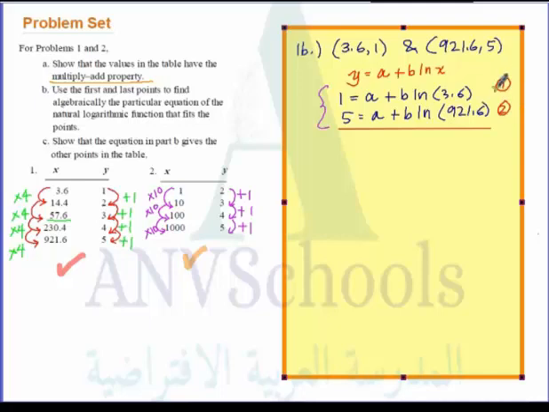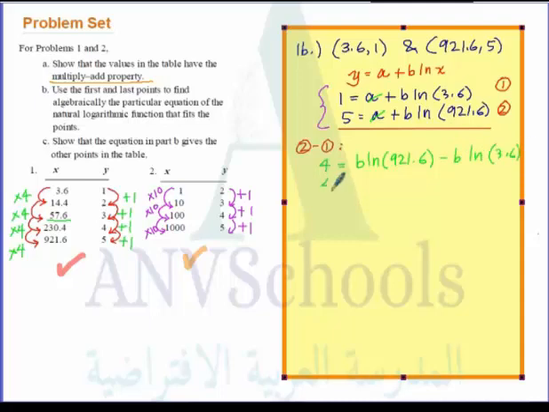So 2 minus 1 gives us 4 equals a, this will be cancelled, plus b ln of 921.6 minus b ln of 3.6.